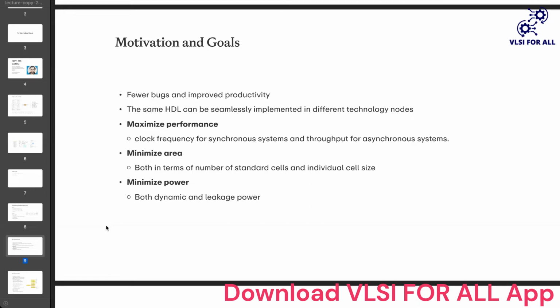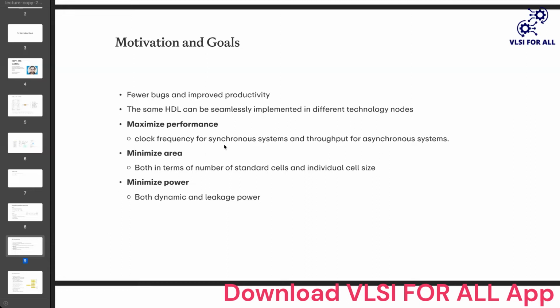Same with our computers. They used to be pretty slow, and nowadays the systems we are using are much faster. It's all because of the leverage that we get using the lower technology nodes, or the kind of gates. Also, we are able to hit higher clock frequencies. That is nothing but improving our performance.